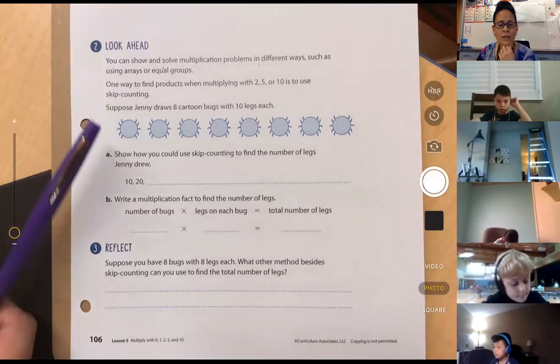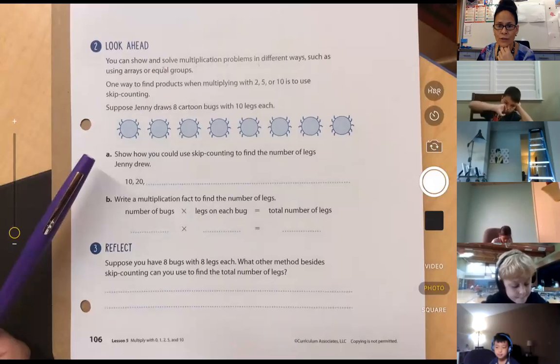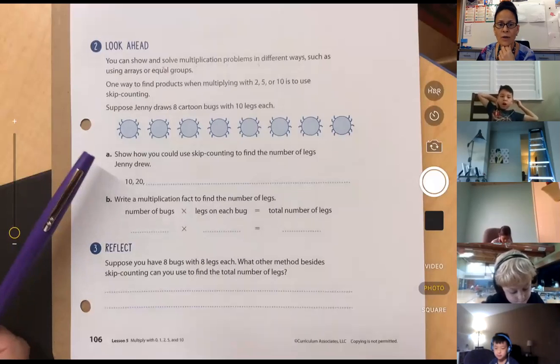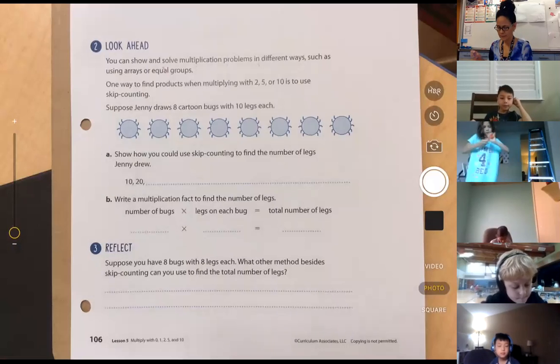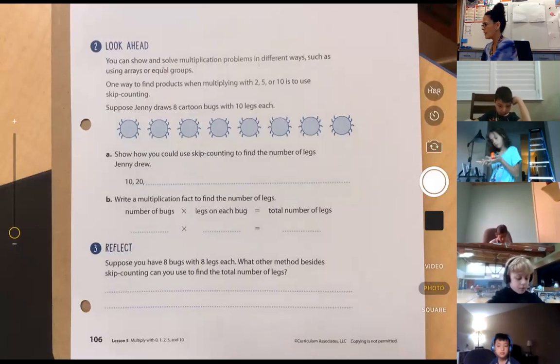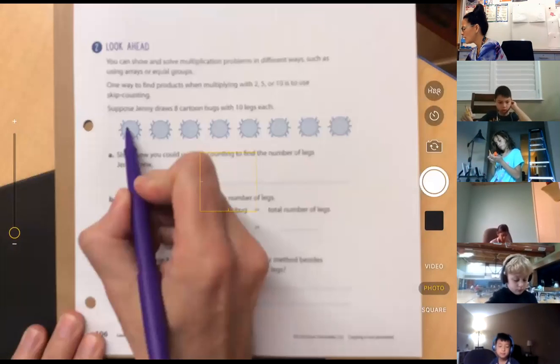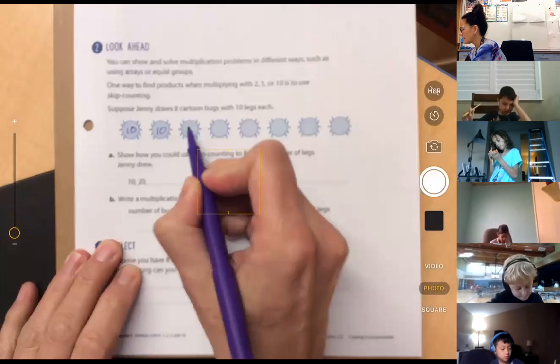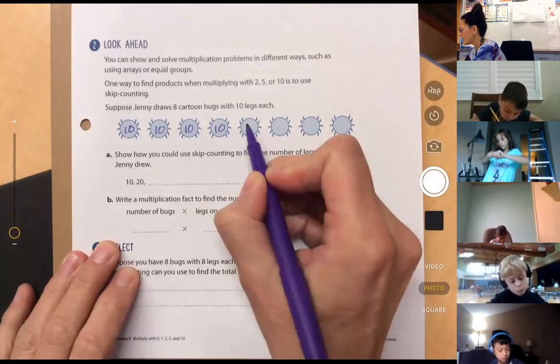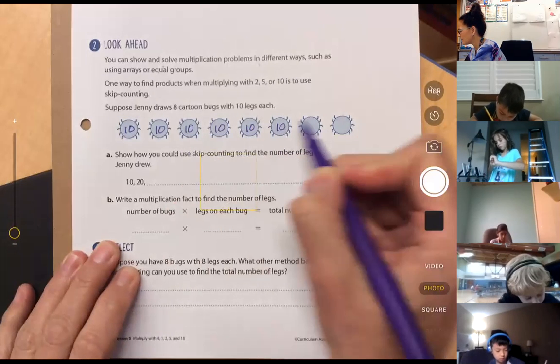So what we want to do now is to show how you could use skip counting to find the number of legs Jenny drew. So going back to that strategy of labeling and identifying, we know that we could go back and start labeling, and we could say 10 and 10 and 10 and 10 and so on.